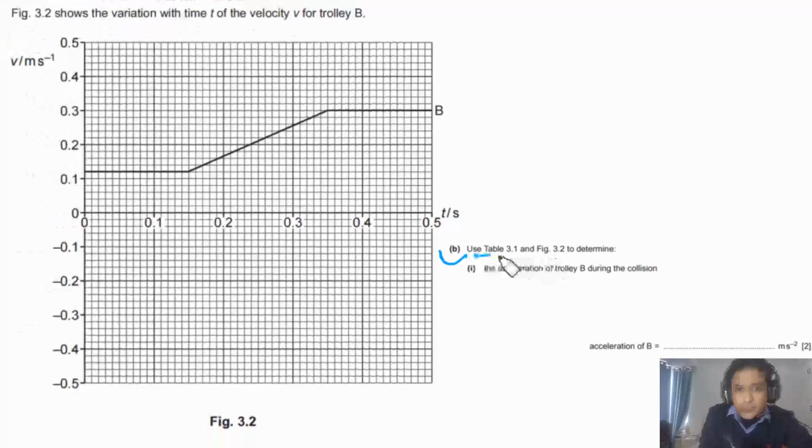Part B says, use Table 3.1 and Figure 3.2 to determine the acceleration of trolley B during the collision. So we need to determine the acceleration of trolley B, meaning the time when there is a net force acting on trolley B. That net force is there when these two trolleys collide with each other, they will exert force on each other, and that force has the same magnitude but opposite direction.